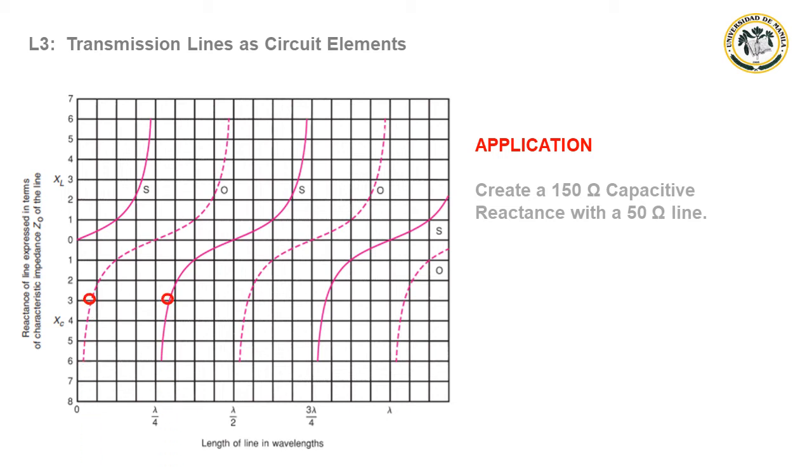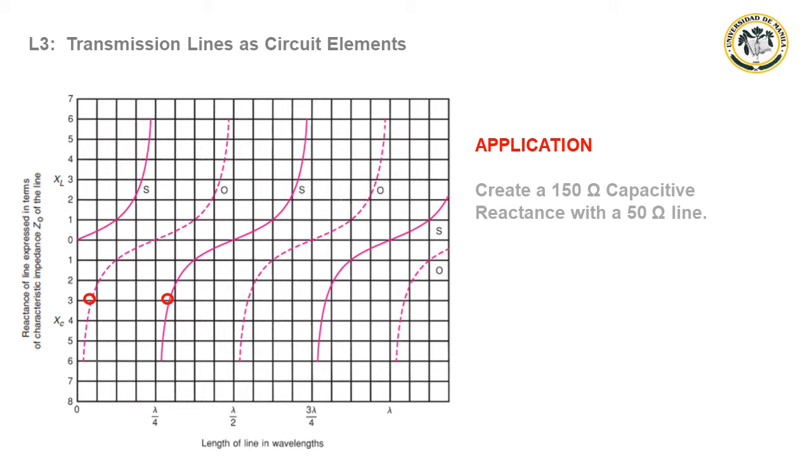Since 150 divided by 50 is equal to 3, the 150 ohm point is at X sub C equal to 3. Next, draw a line from this point to the right until it intersects with the two curves. Then read the wavelength from the horizontal scale.